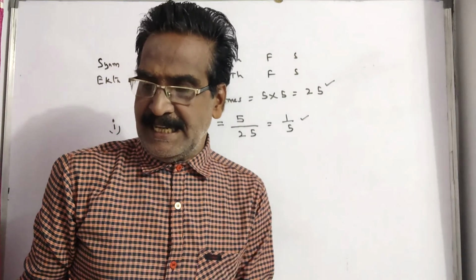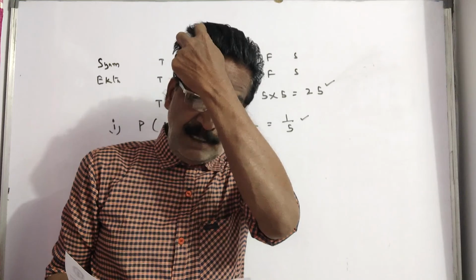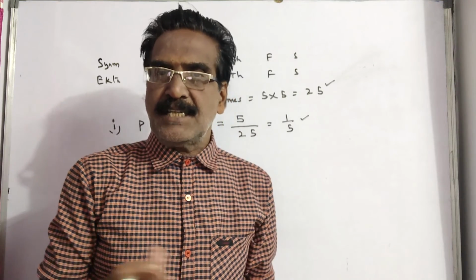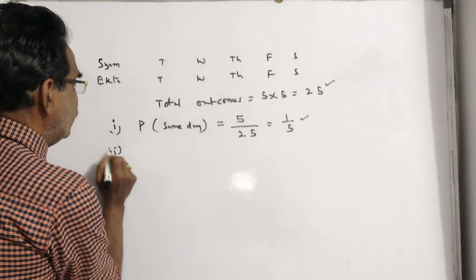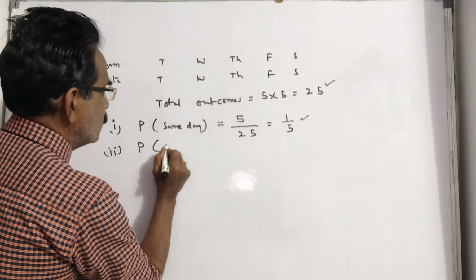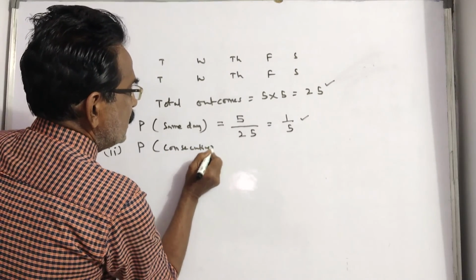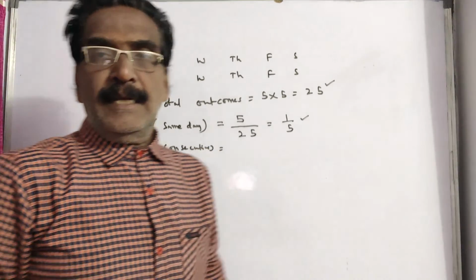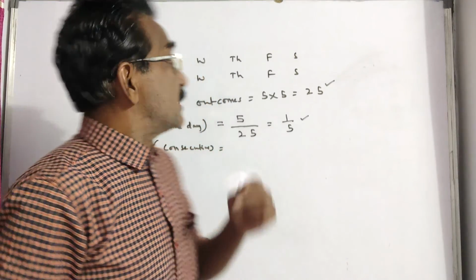Now let us see the second one: probability of their visiting on consecutive days. Let us understand their visiting on consecutive days.